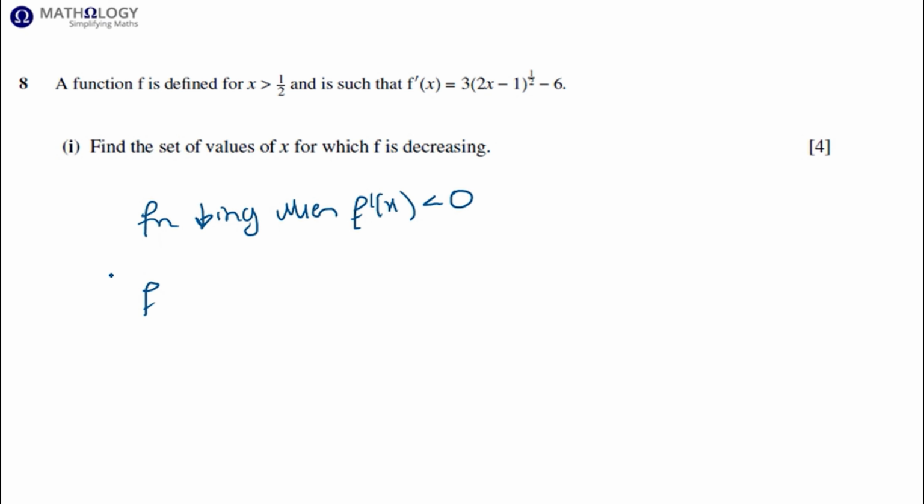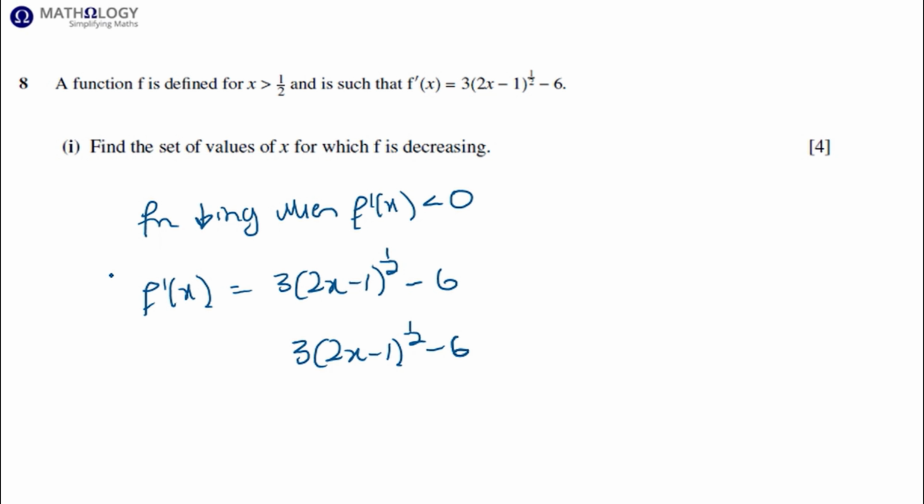So we've got the first derivative f prime x, which is 3 times (2x minus 1) to the half minus 6, and we need to find the set of values of x for which the function f is decreasing. So 3 times (2x minus 1) to the half minus 6 must be less than 0 in order for the function f to be decreasing.